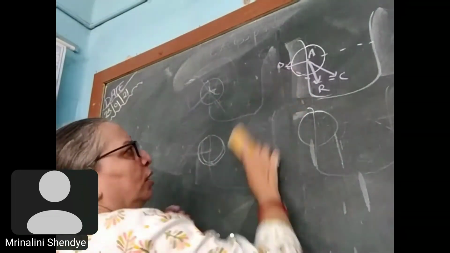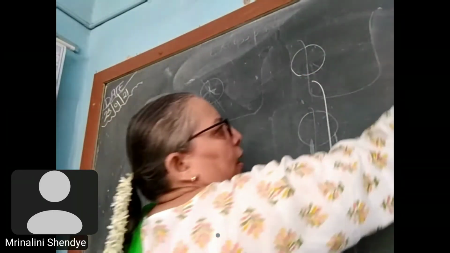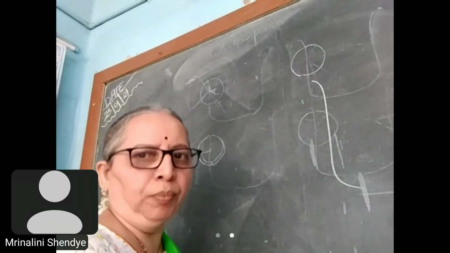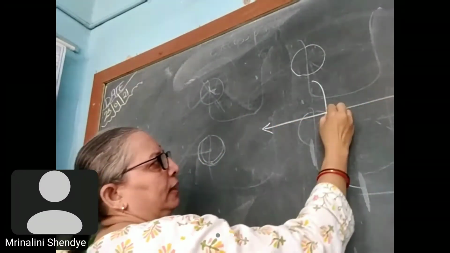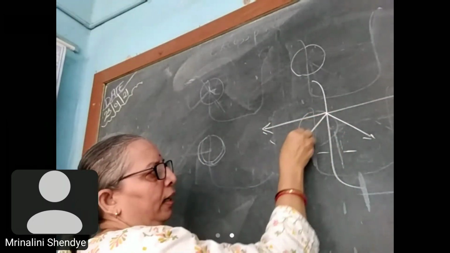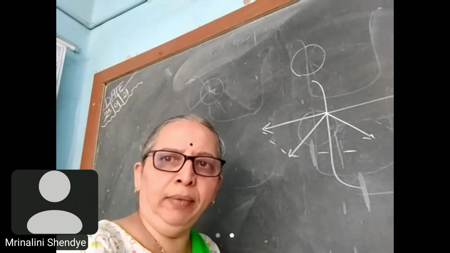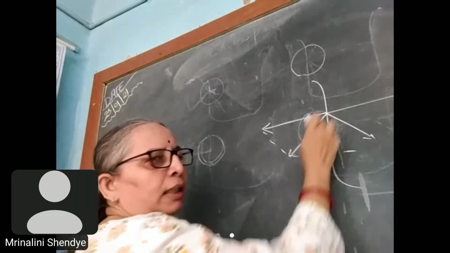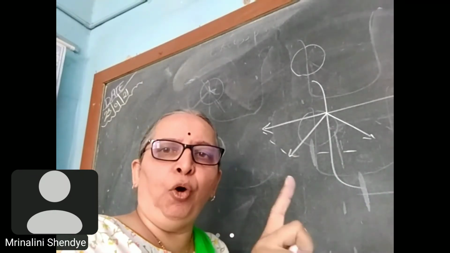I will draw the figure once again because it is not visible. The rest of the figures you have to refer from the book. मैंने क्या बोला, अगर AP greater है AC से, then the resultant will lie in the solid, and to have the equilibrium, the resultant should be tangential, should touch at one point.